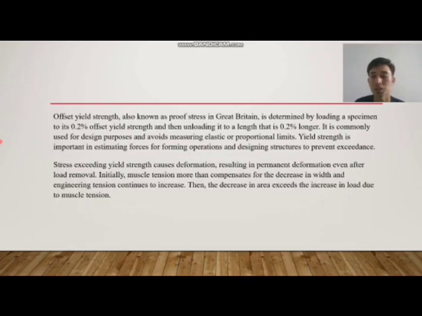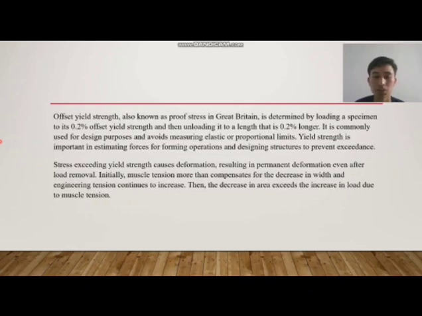Yield strength is important in estimating forces, performing operations, and designing structures to prevent accidents. Stress exceeding yield strength causes plastic deformation, resulting in permanent deformation even after load removal.